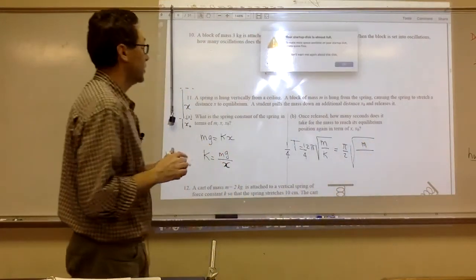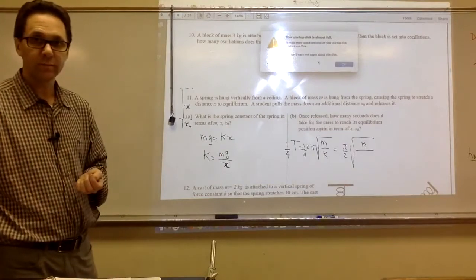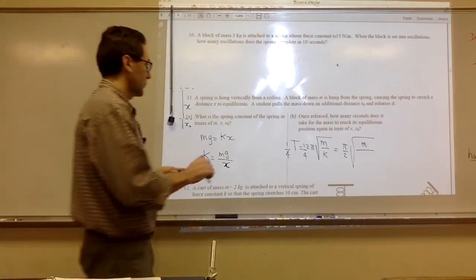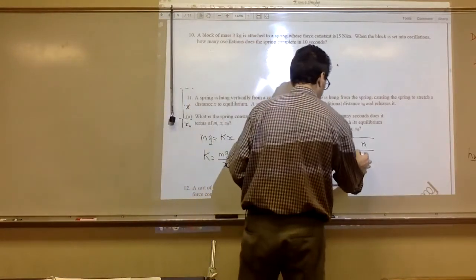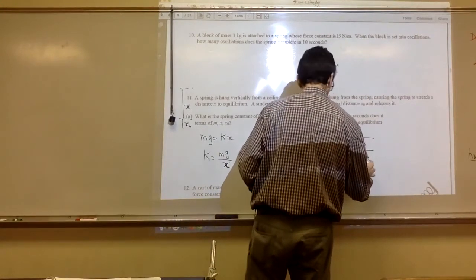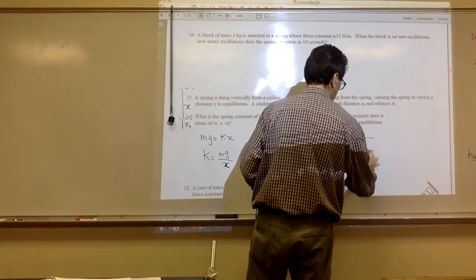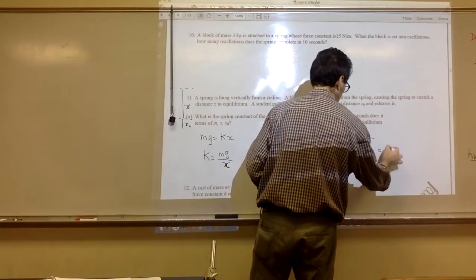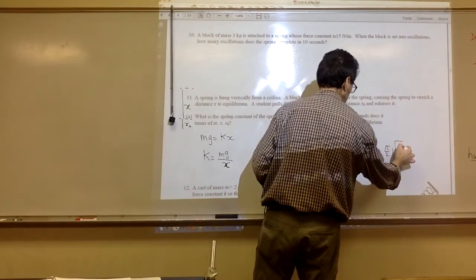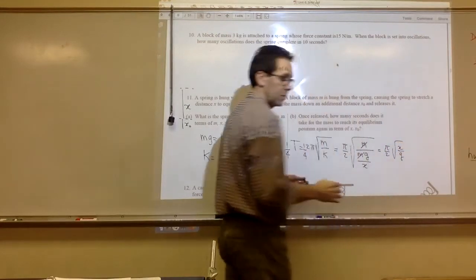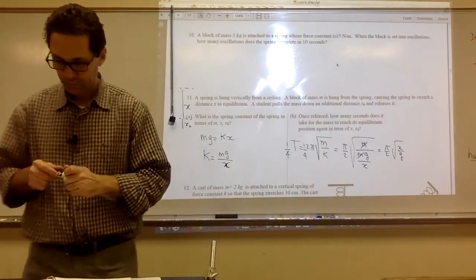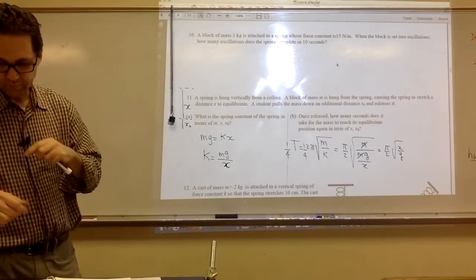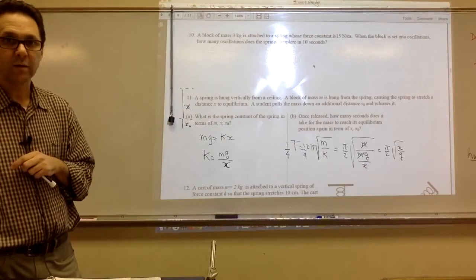I think xo is just a distraction. K is mg over x, so I think we can get rid of the mass. So this is going to be pi over 2 radical x over g. That's what you have in your answer key.